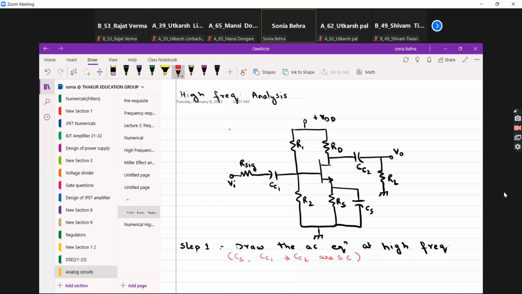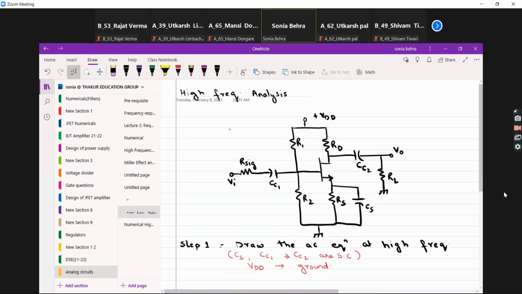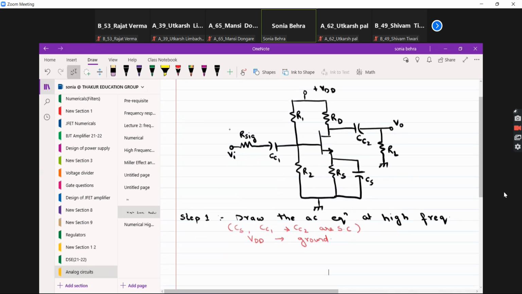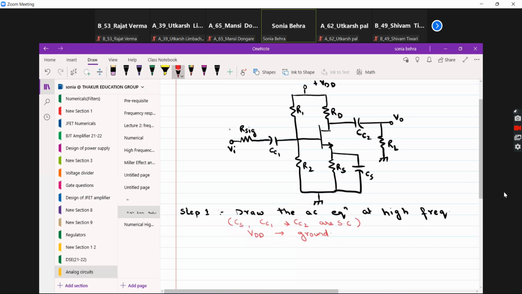Second thing, because we are drawing the AC equivalent, your VDD should be connected to ground. ये हमारा rule है कि DC sources should be grounded. After considering these two, now you will draw the AC equivalent.